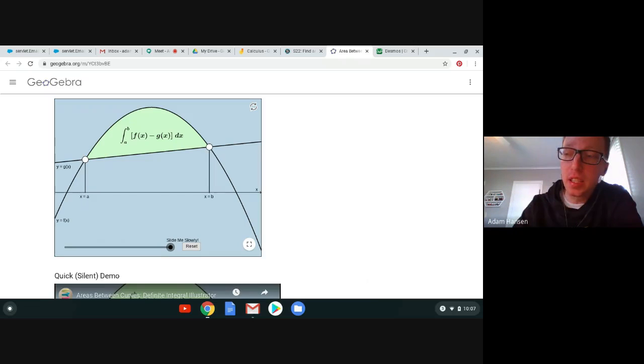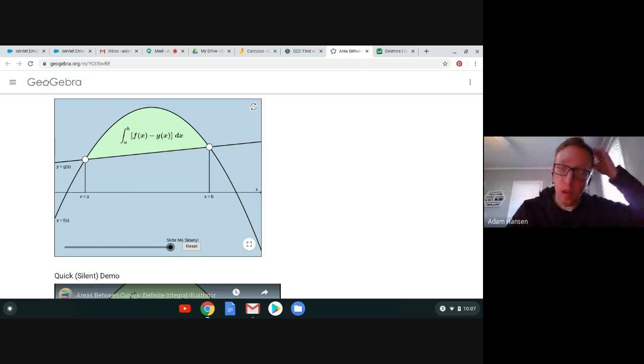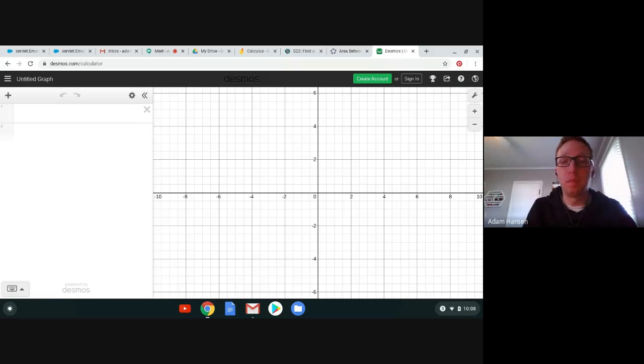So today I'd like to look at a couple of applications, a couple of sample problems on computing the area between two curves. If you haven't already, it might be worthwhile to pull up a Desmos graph. Since this is such a visual activity, you're able to use Desmos as much as you'd like to assist you in solving some of these questions.